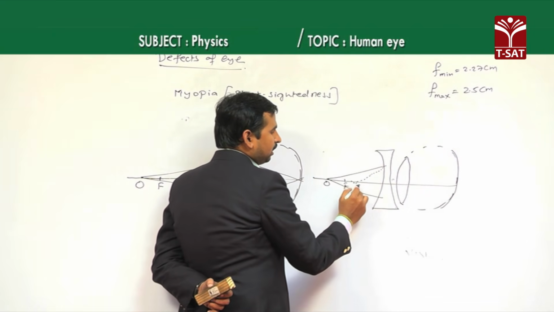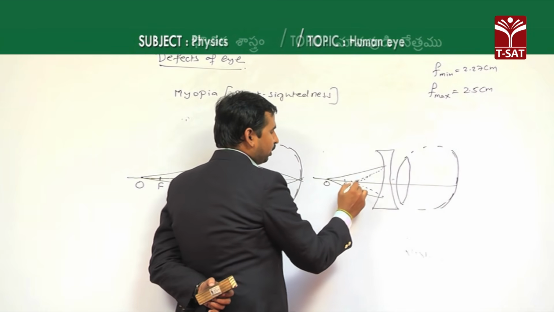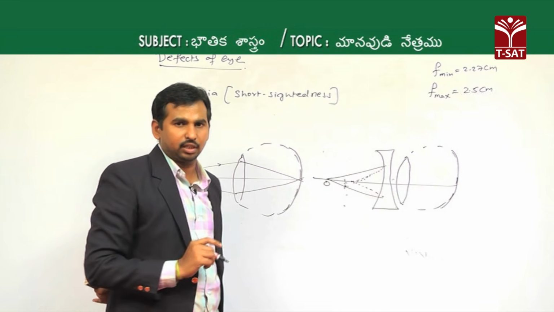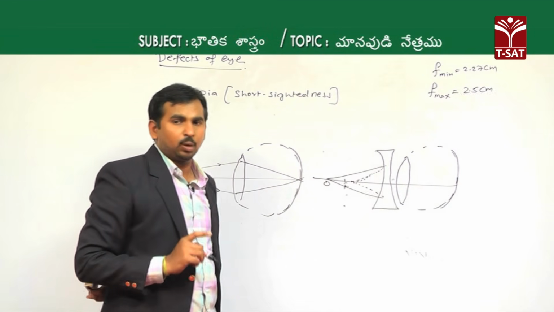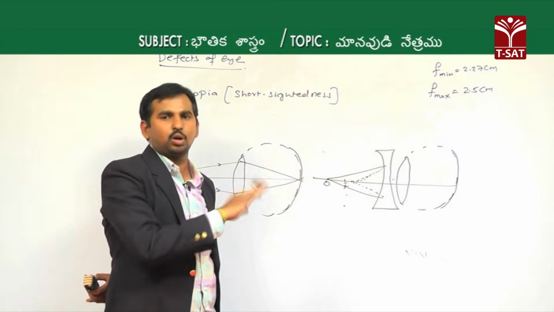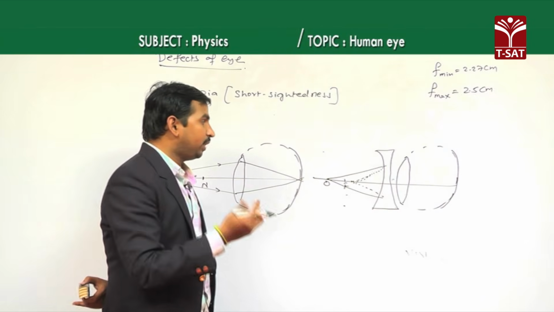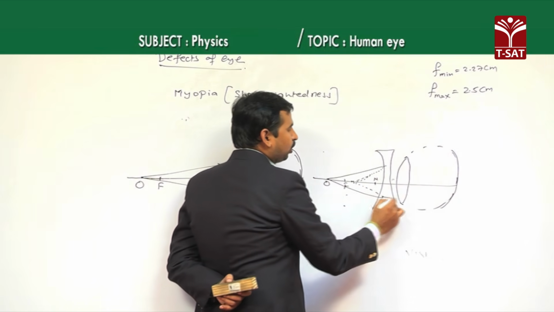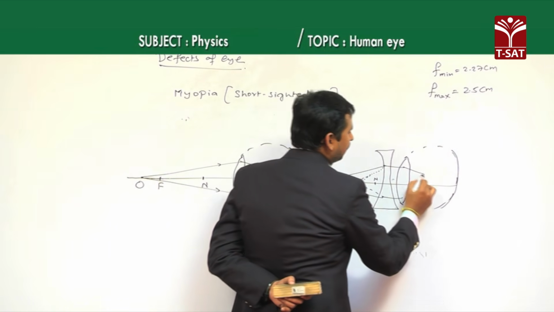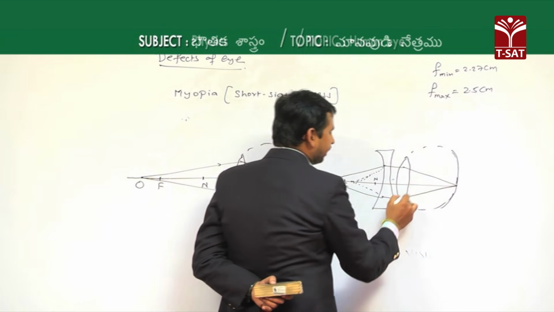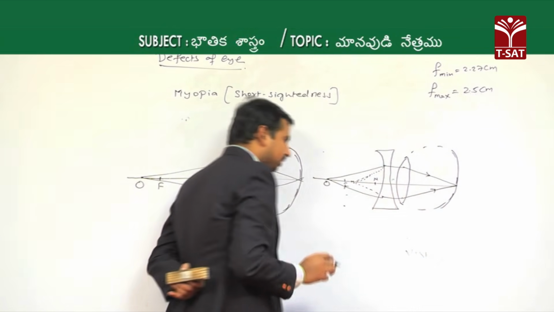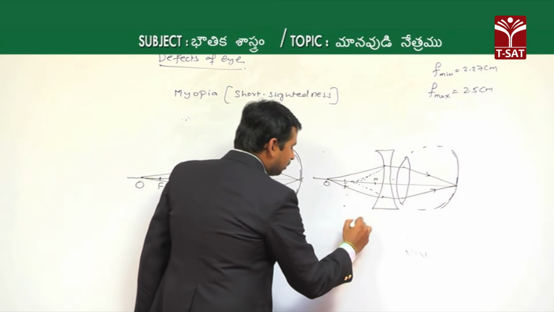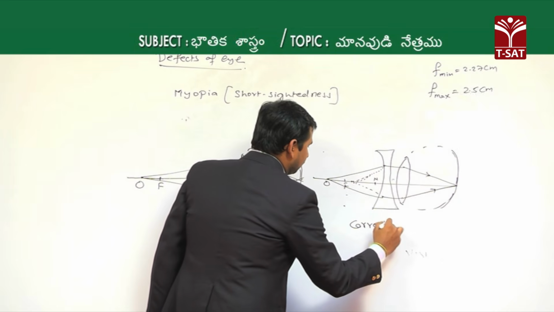So that is why here the image is formed before that only here, and if you are able to adjust that lens so that the virtual image formed by the concave lens is in between f and n, then we can see the object very clearly, so that the light rays are now meeting exactly on the retina here like this. This is the correction part required there. Okay. So, this is the corrected vision.